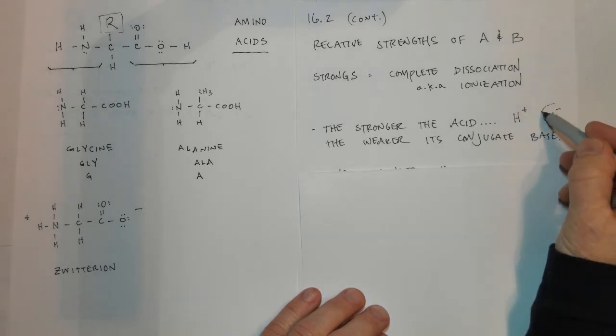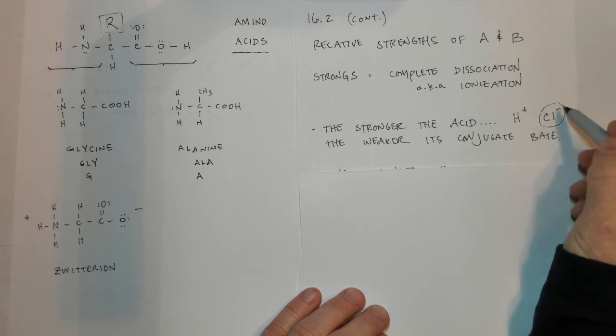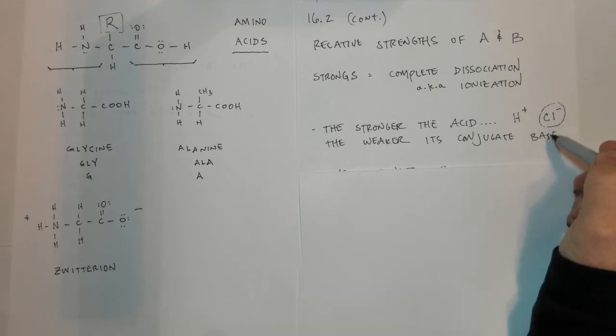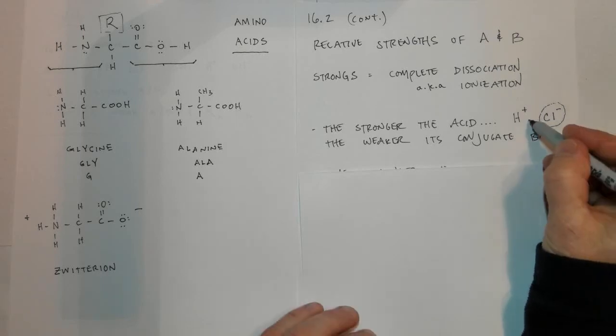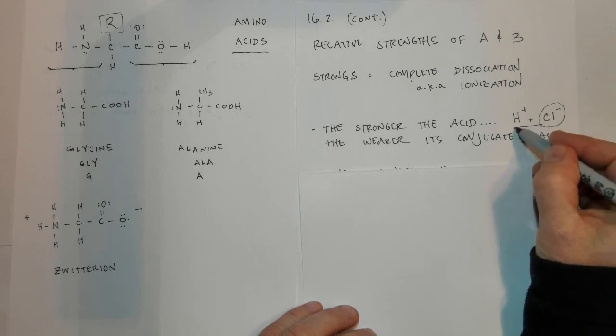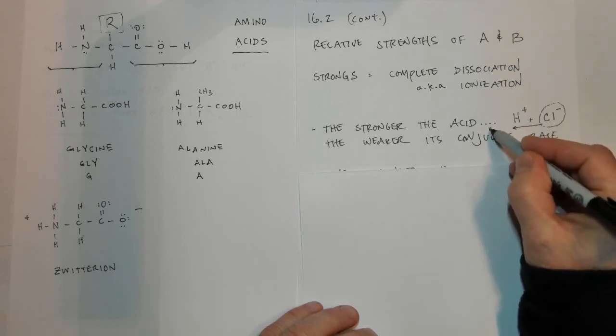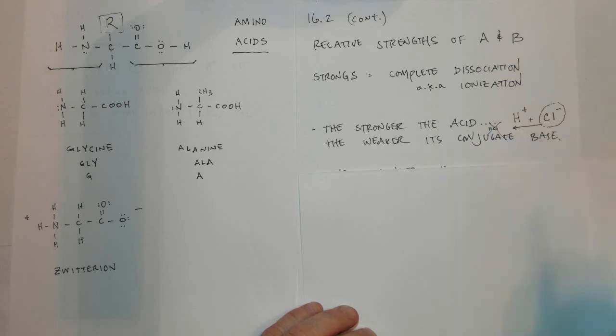This is the conjugate base of that acid, and it's not a very strong base at all. As a matter of fact, it's super, super weak. Some people say it's neutral, and it has no affinity to grab a hydrogen and become HCl again. It does not want to do that at all.